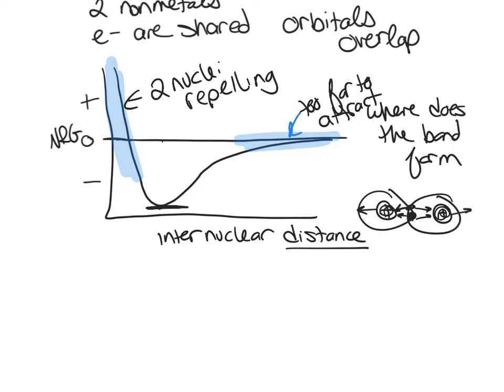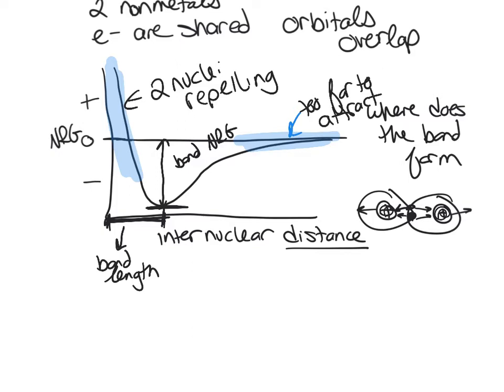So right here, this is what we call your bond energy. That's the amount of energy that's released when the bond forms. And the distance is this distance, okay? This is your bond length. Basically, this is how close together those two nuclei are.